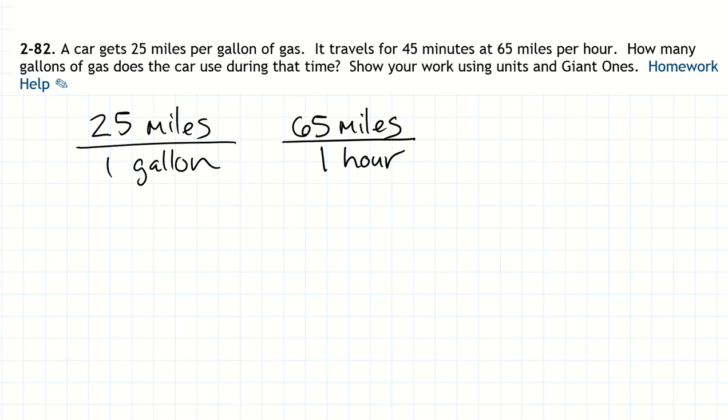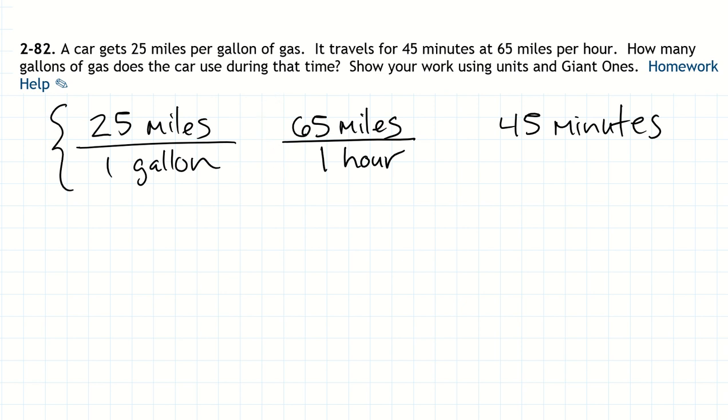The other thing this problem tells me is that my travel time is 45 minutes. How many gallons of gas does the car use during this time? So these are not giant ones. These are both rates, right?